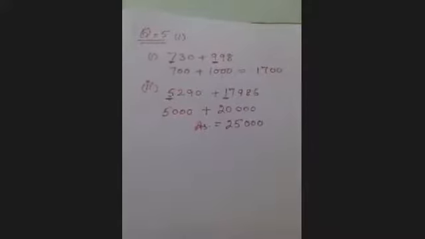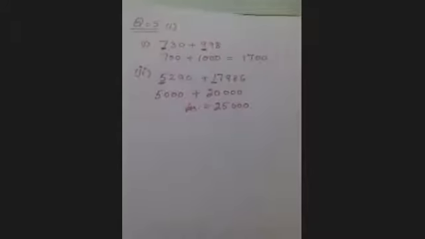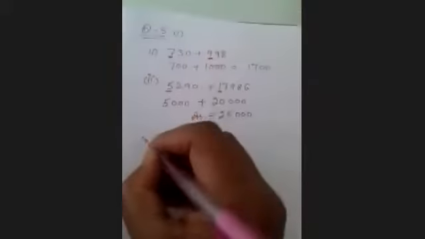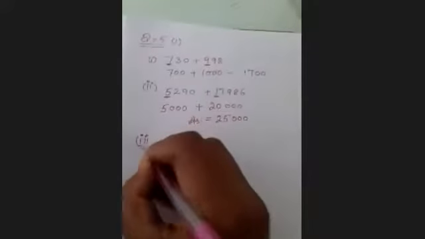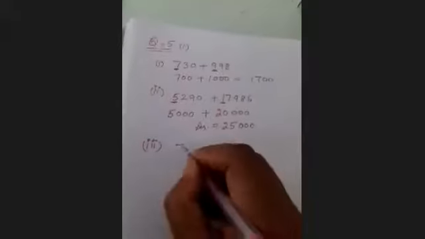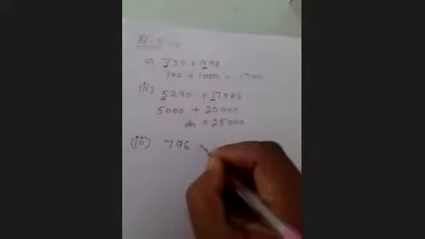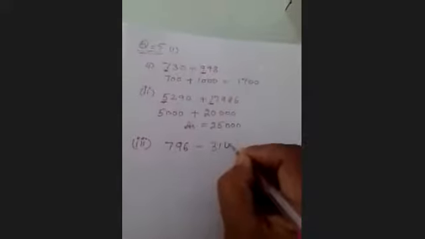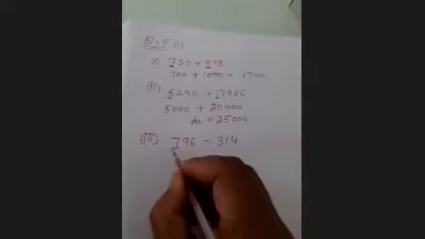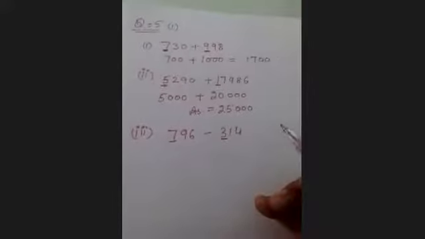Yes, so this is the fifth question, first and second part. Next is the fifth question, third part. Our numbers are 796 minus 314. Our greatest places are 7 and 3.